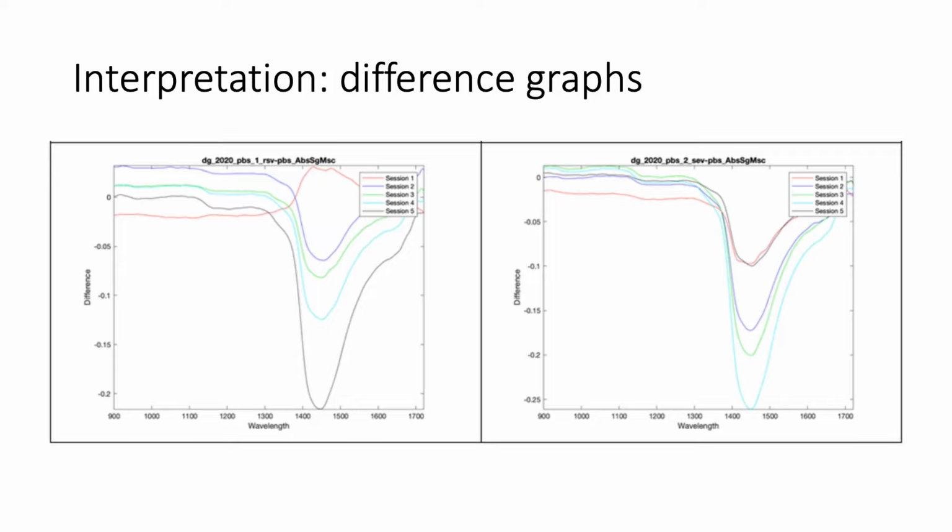The data measurement protocol is summarized on the right. There are two types of virus in this study, the RSV and SEV. Virus stocks are stored at minus 80 degrees centigrade, but thawed quickly in a 37-degree water bath before use.